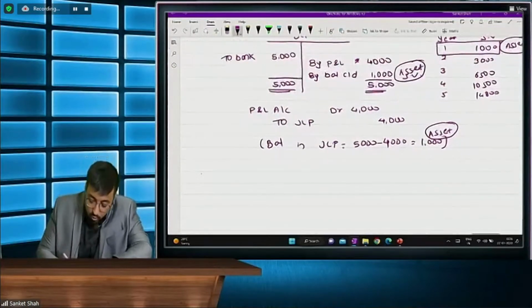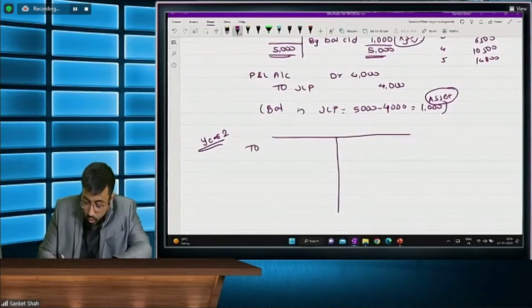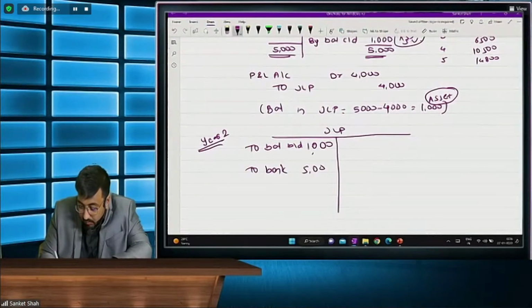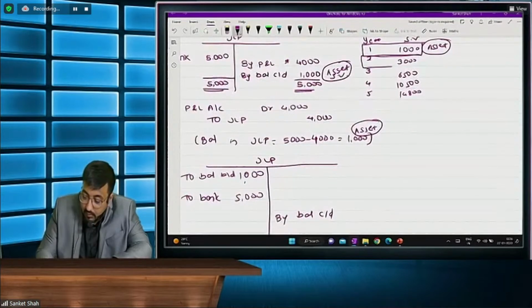Now I will do for year 2. Then you will do for year 3 and 4. See, year 2, JLP account, 1,000. To bank, how much you are paying every year? 5,000. By balance carried down, 3,000.